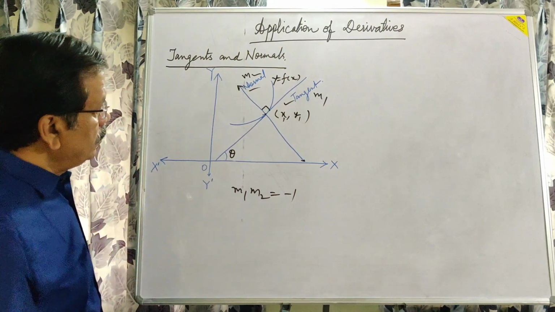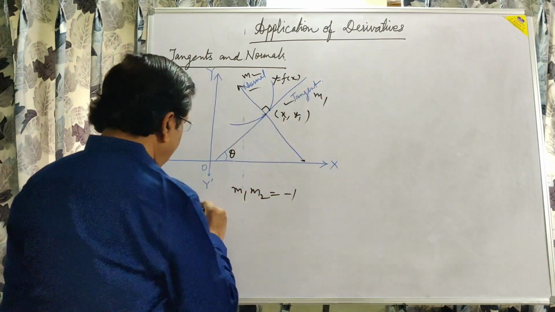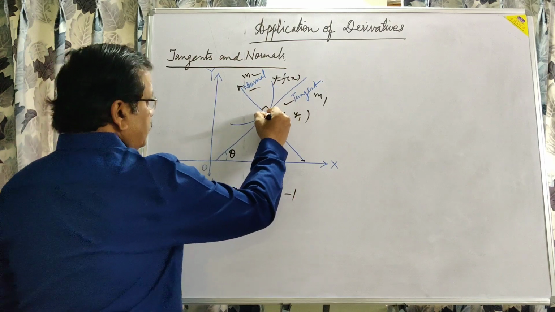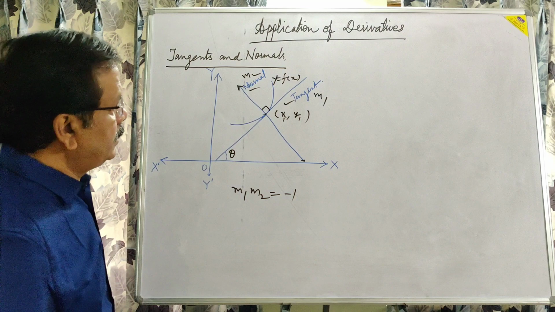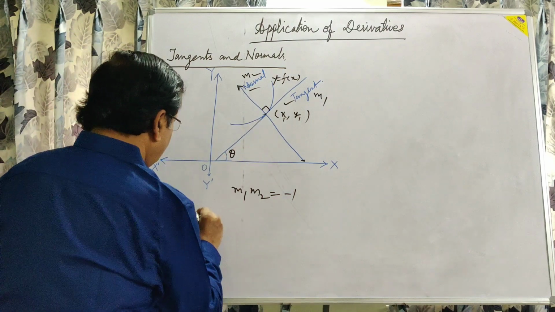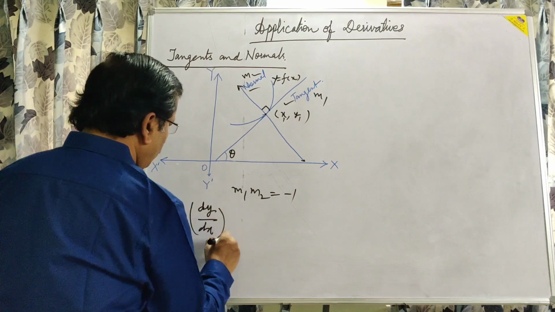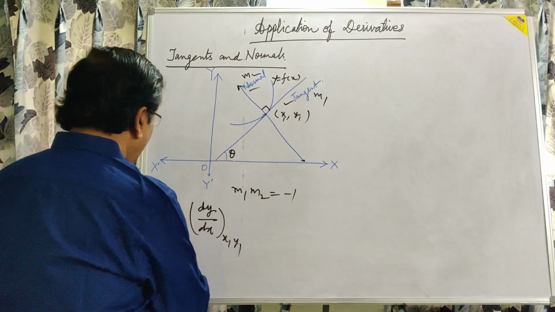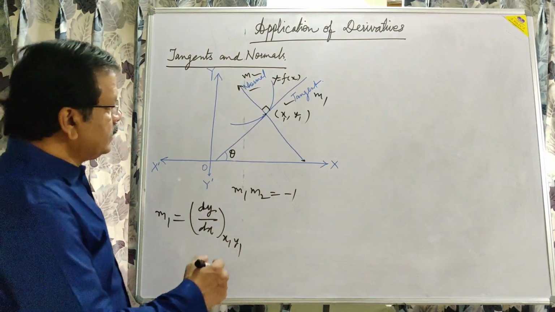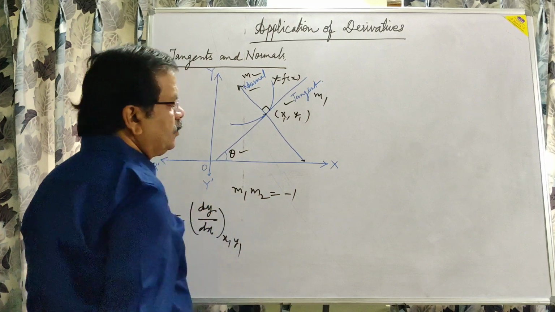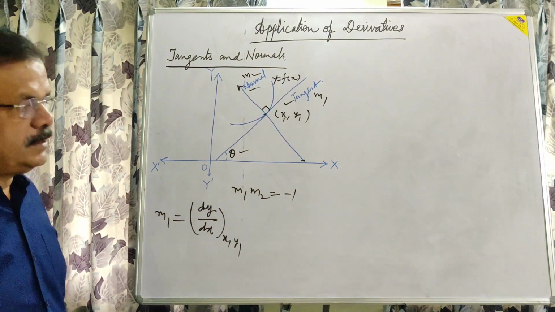Now we are going to derive the equation of this tangent. Say this is the point (x1, y1) where we are drawing the tangent. Then at this point, dy by dx at (x1, y1) is the slope of the tangent, and this can be measured with the tangent of this angle in the positive direction of the x-axis, say tan theta.